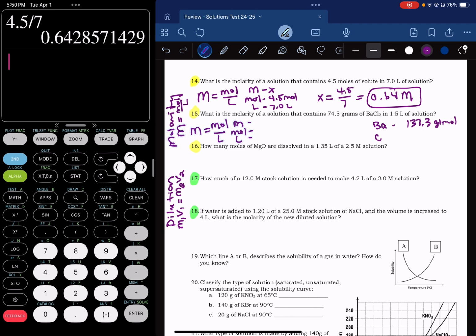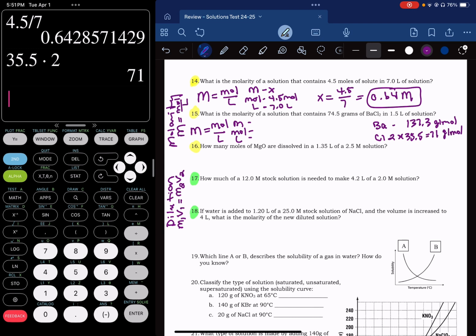Now we have chlorine, and I have two chlorines because it's Cl2. Let's go see at the periodic table. It says 35.453, so let's round 35.5. Because I have two of them, we need to multiply that by 2. So 35.5 times 2 equals 71 grams per mole.